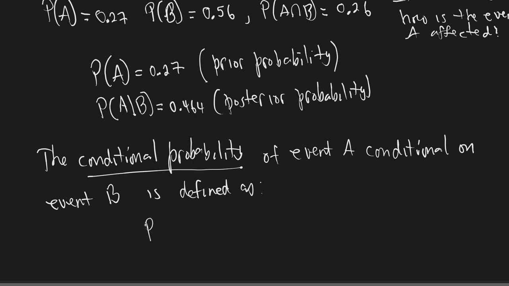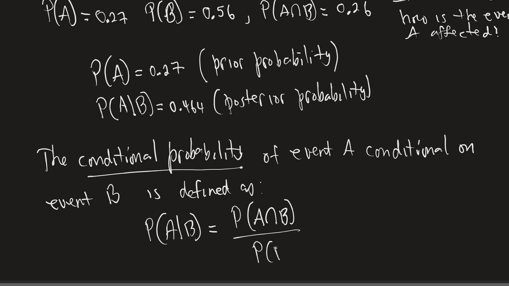It's defined as the probability of A given B. That's the notation, and the definition is the probability of A and B, that's the intersection, divided by the probability of B. And the assumption here is that since we don't want to divide by 0, and we can't have negative probabilities, that only leaves us with a positive value in the denominator, right?